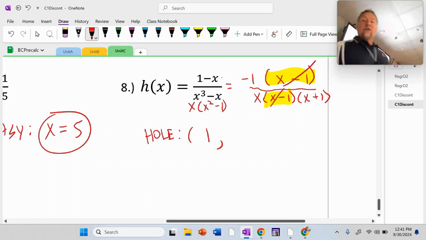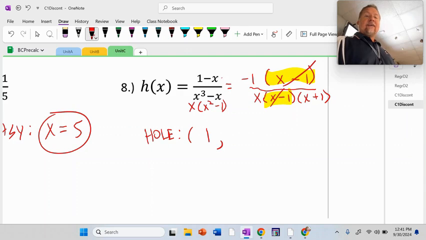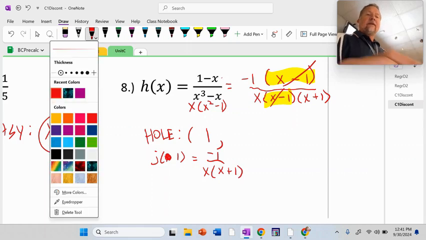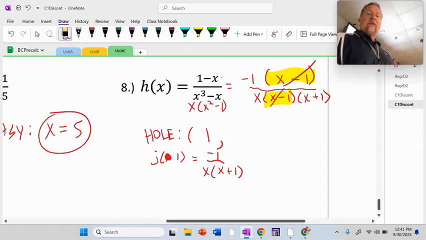And then what is the y coordinate of that? Let's call that j of x. J of x is wrong. J of 1 is what we're going to find, and it's plugging it into the new function, which has 2 other parts on the bottom. I said it was j of 1, so these become 1.